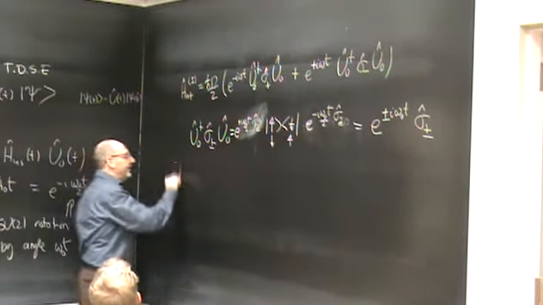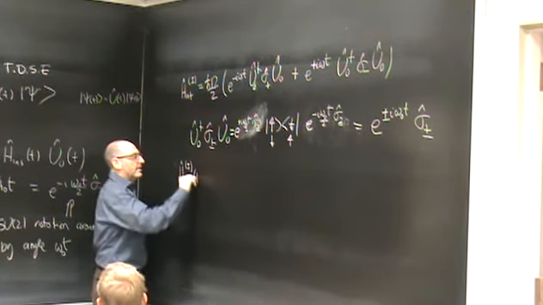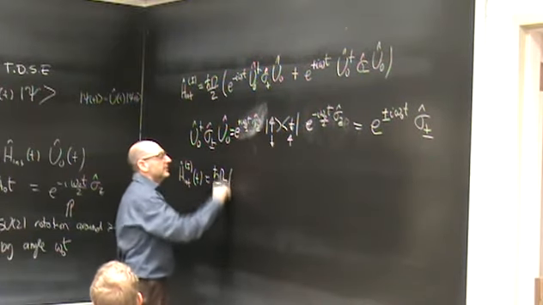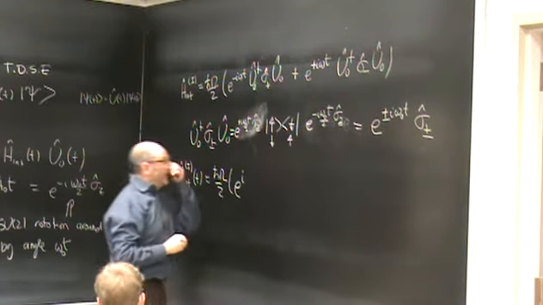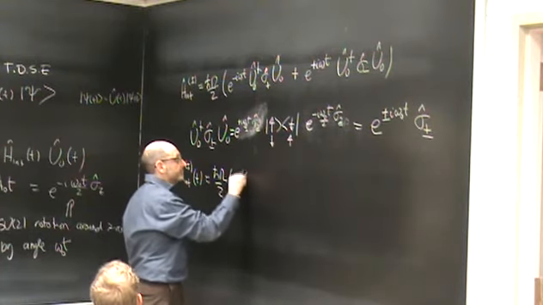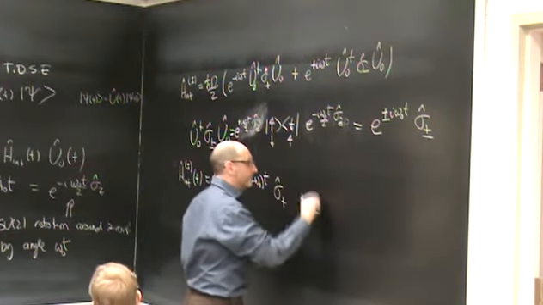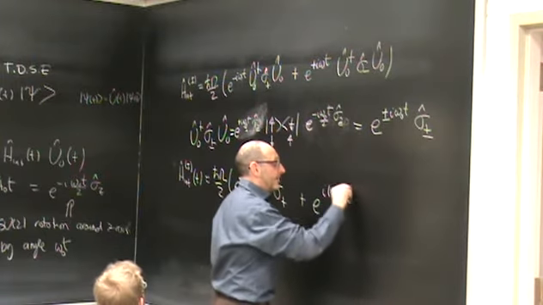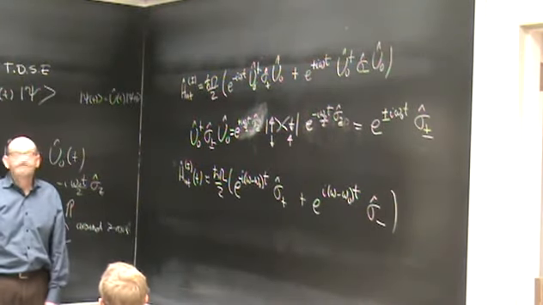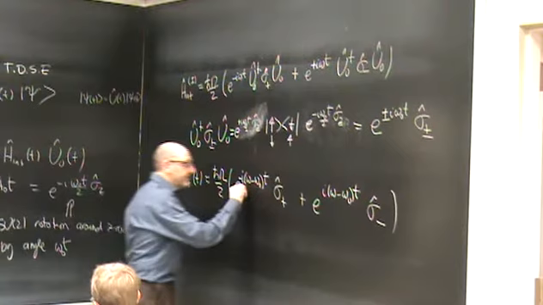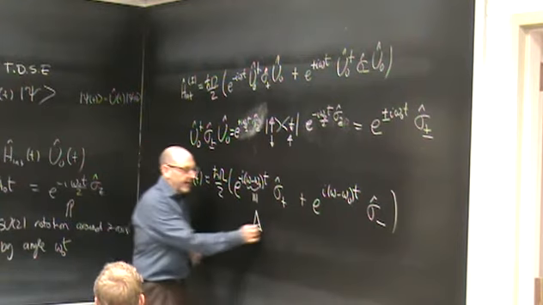So in the interaction picture, this becomes equal to e to the, this difference in frequencies, the difference between the drive and the resonance frequency, I define to be delta.